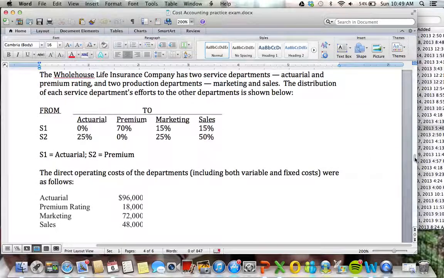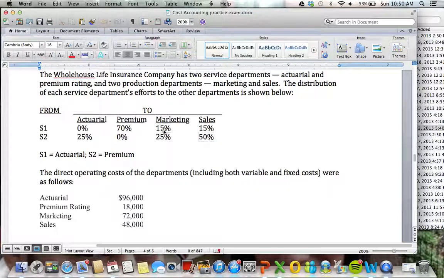So just going over this, reciprocal, direct, whatever it is, they're asking us how to allocate the actuarial and the premium over to the marketing and sales. And that's the idea that we have here, is how do we do that? How do we look at the different methods of doing that? And what drives that is these percentages here.